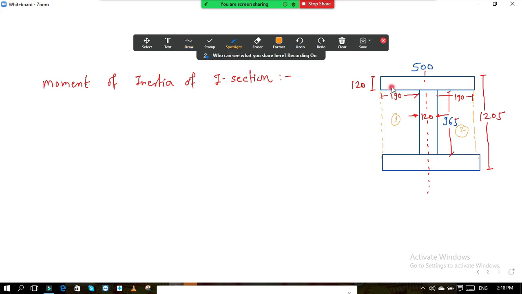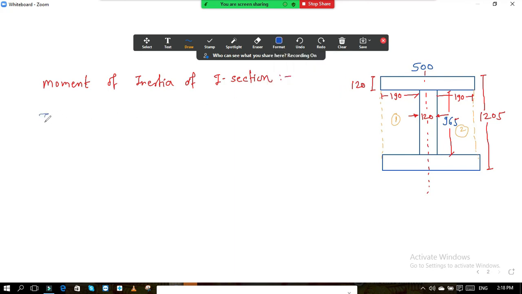That means I will consider this whole as a rectangle for calculating the moment of inertia, and from that rectangle I will reduce this small rectangle 1 and this small rectangle 2. So if from this total rectangle I reduce these two, then I will get the moment of inertia of the remaining I section. That is the concept.